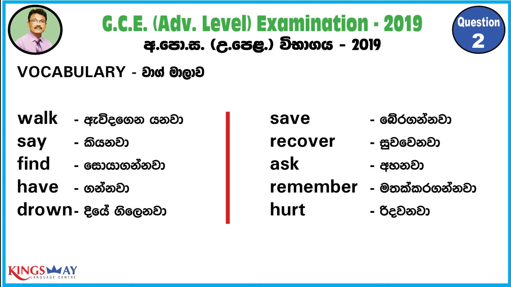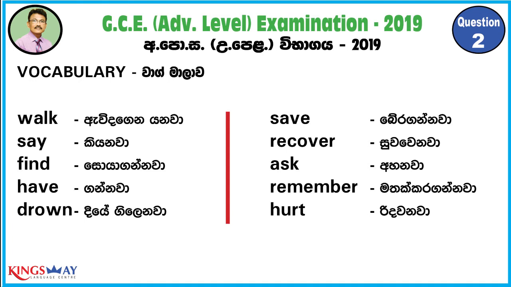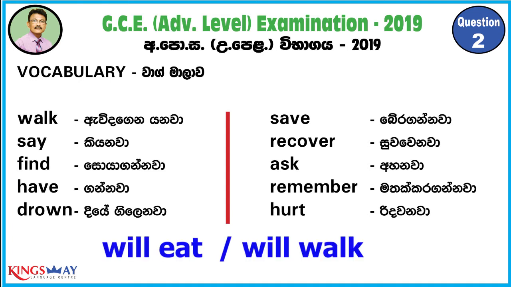What are they? Present participle form, which is formed by adding ing to the verb. Walk, walking, eat, eating. So eating, going, walking are all present participle forms. Then the simple future form is formed by placing will before the present tense of the verb or the base form.